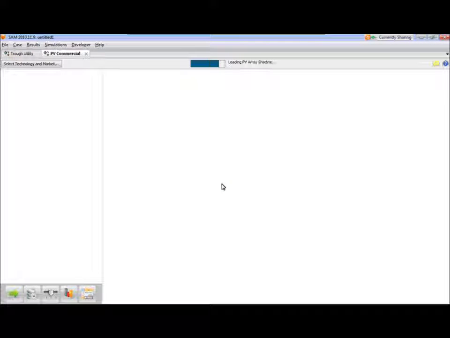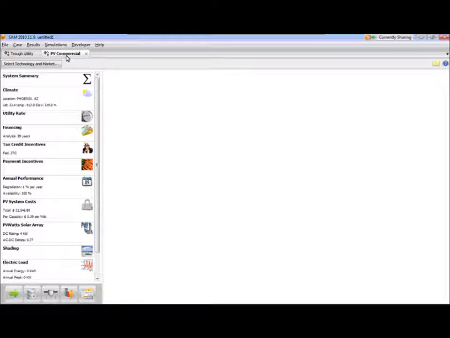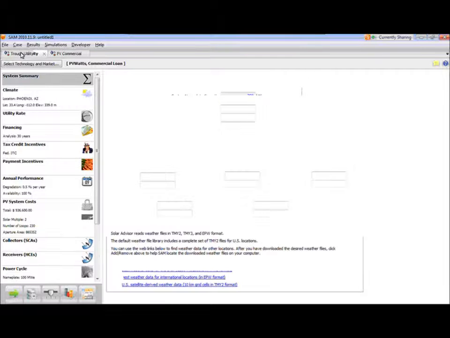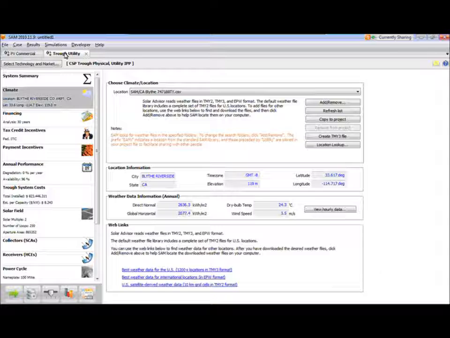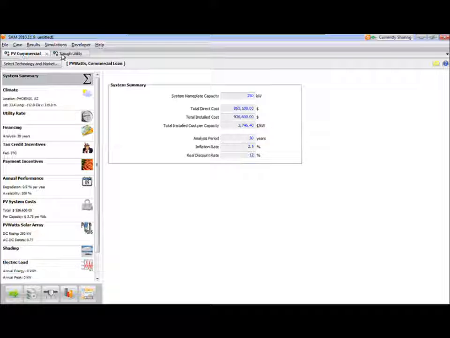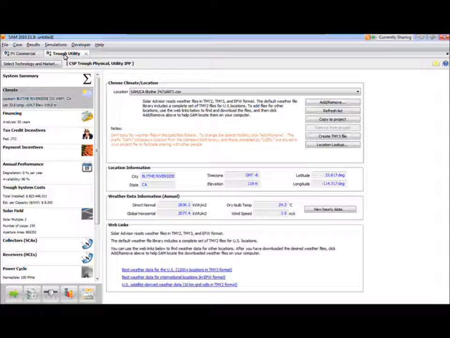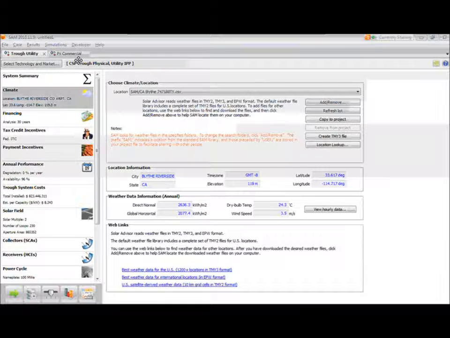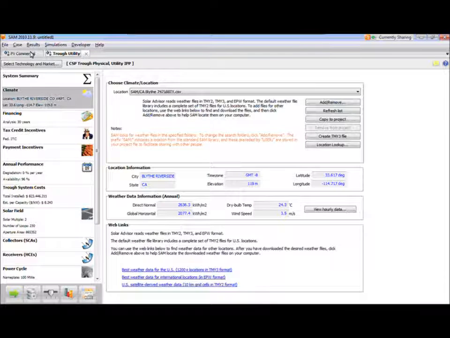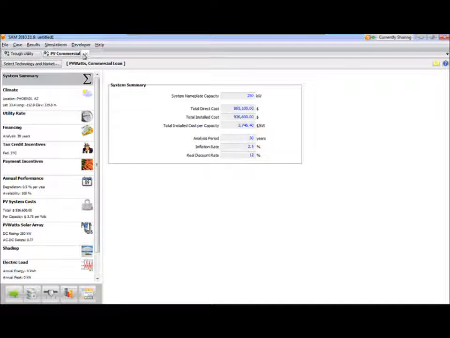One is for a PV with commercial financing, and the other is for the Trough with utility financing. One thing I'll point out is that you can move these tabs around by clicking and dragging them. So if I want to put the PV case in the second position, I just click and drag the tab.